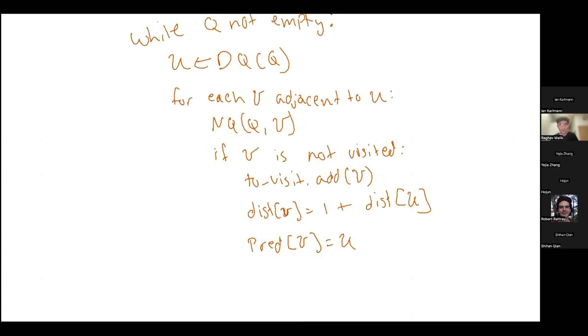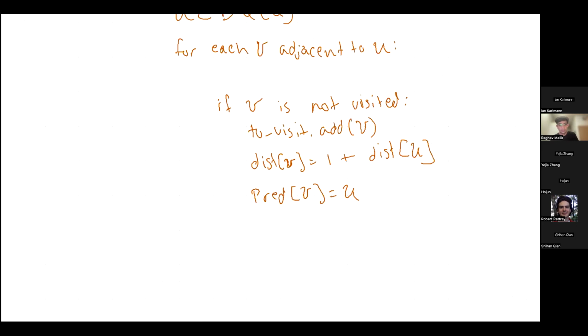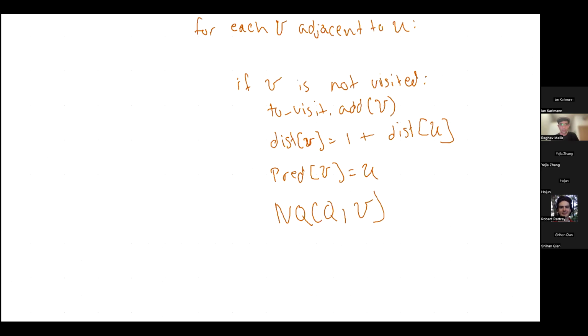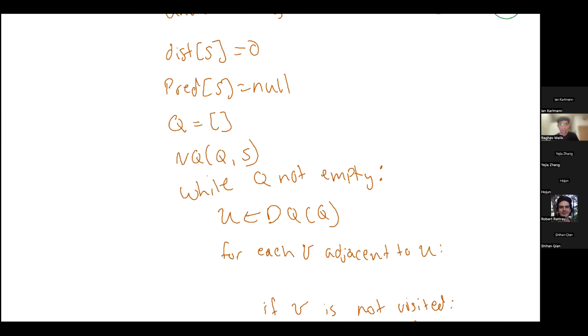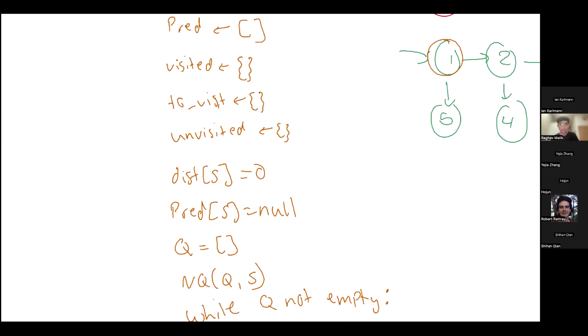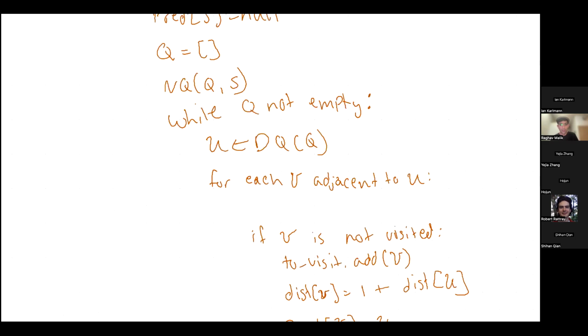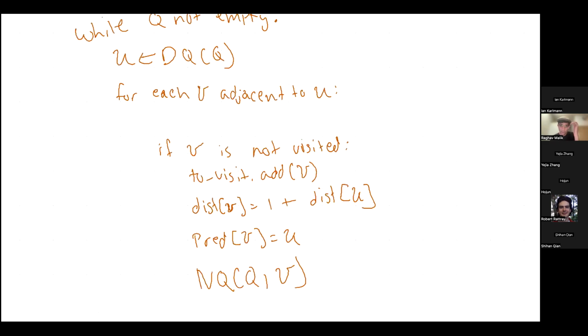Oh, and then I want to only enqueue if it hasn't already been visited. Maybe I actually want to say if v in unvisited.